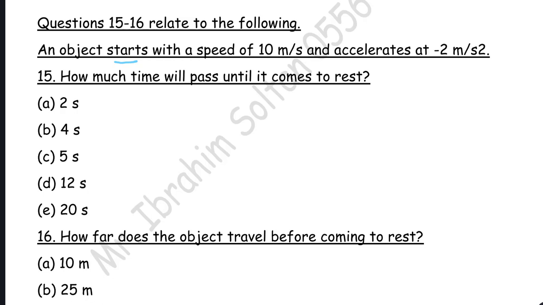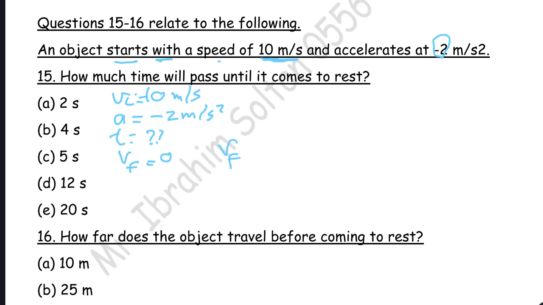An object starts with a speed 10 meter per second, so we have V initial equal 10 meter per second. And it gives you deceleration, negative acceleration, a equals negative 2 meter per second square. Starting with this speed and accelerating at negative 2 meter per second square, how much time, t, does it need till it comes to rest, so V final equals 0 because it decelerates, right?